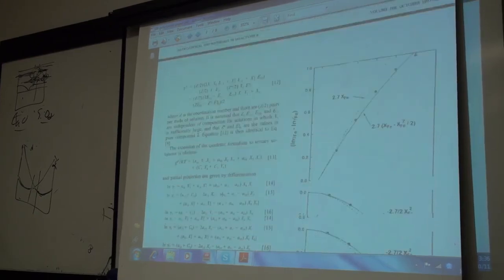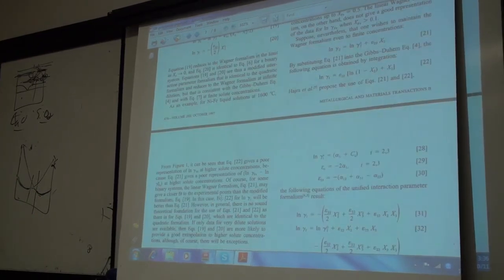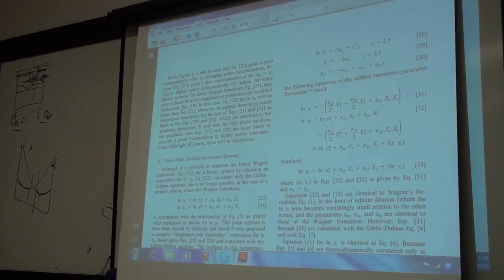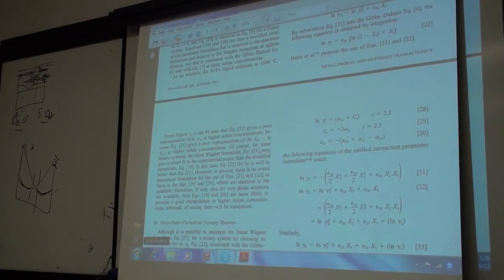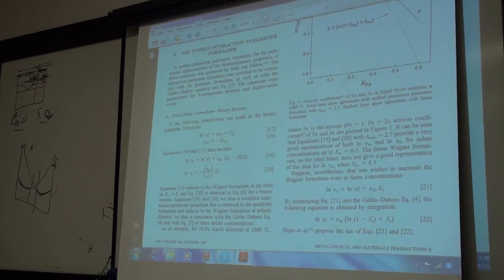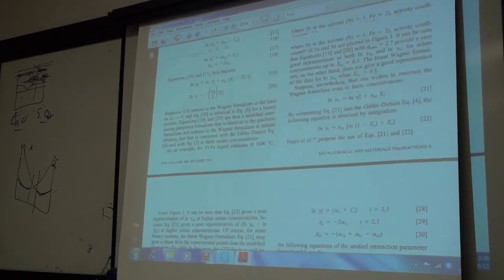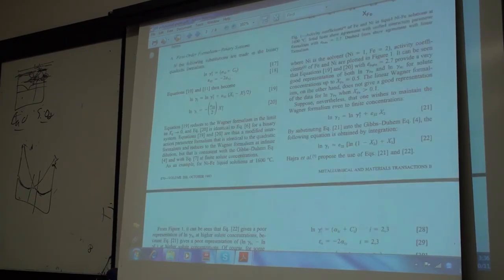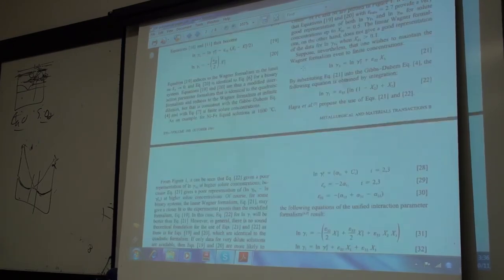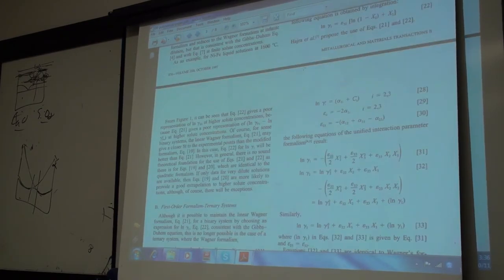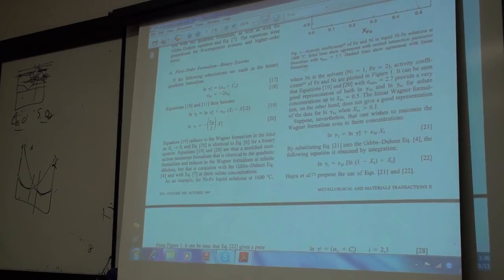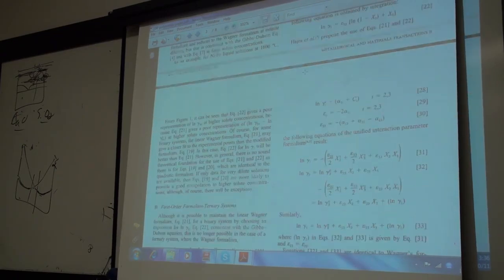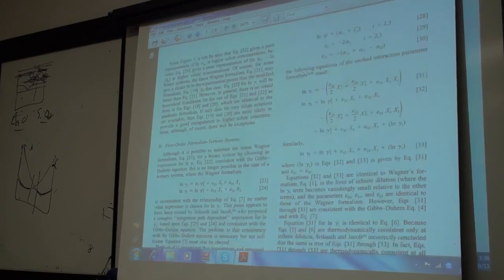Up to the end of the first paragraph on page 871, but you don't have to worry about equations in the ternary system there. Just skip the parts about the ternary system.